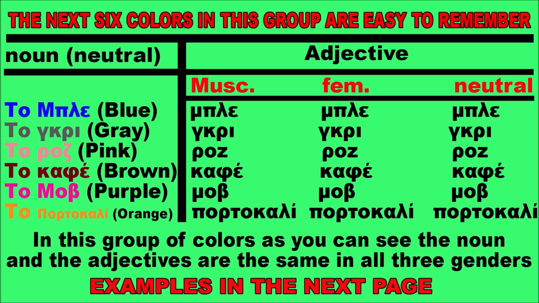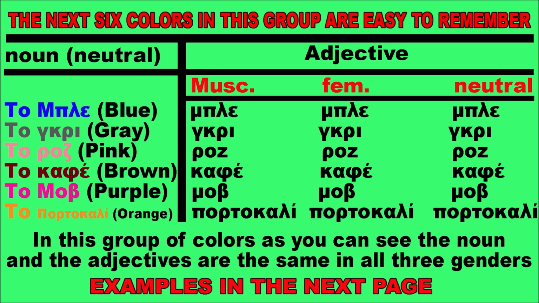Το μωβ, purple. And on the right, the adjectives μωβ for masculine, μωβ for feminine, and μωβ for neutral. Το πορτοκαλί, orange. And on the right, the adjectives πορτοκαλί for masculine, feminine, and neutral.